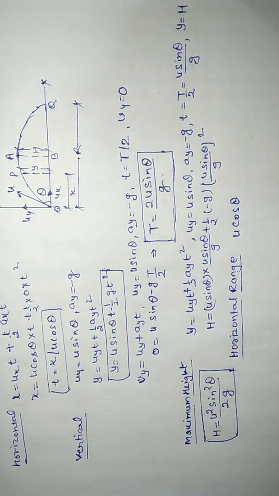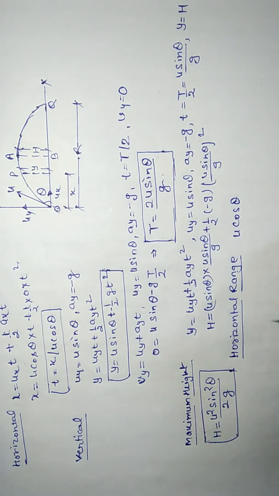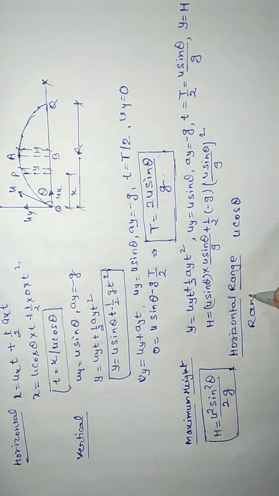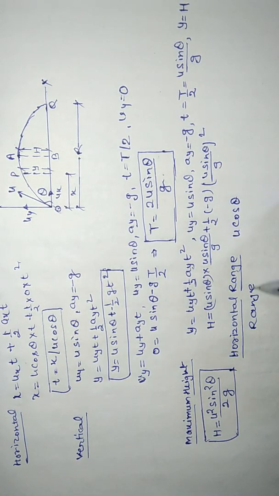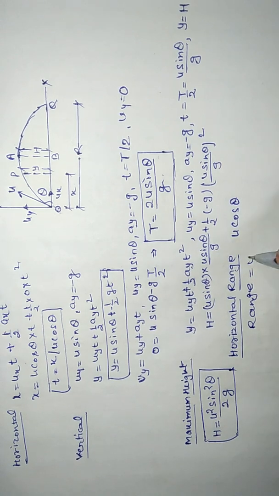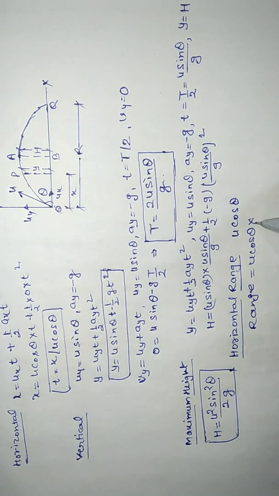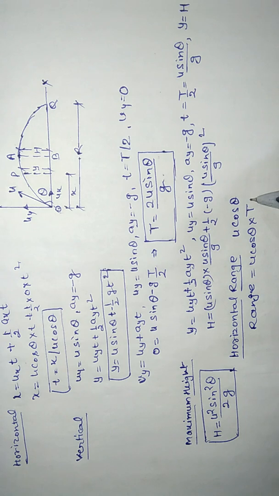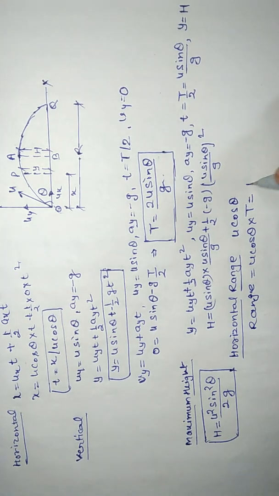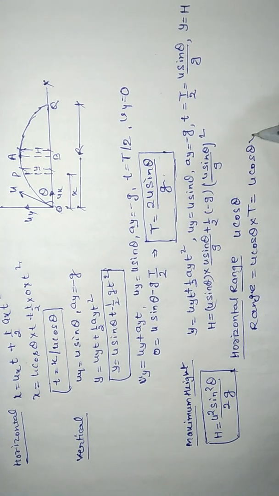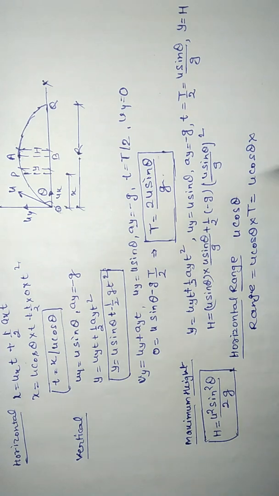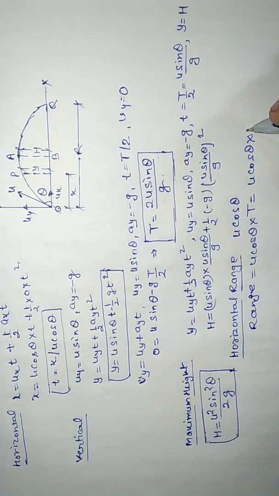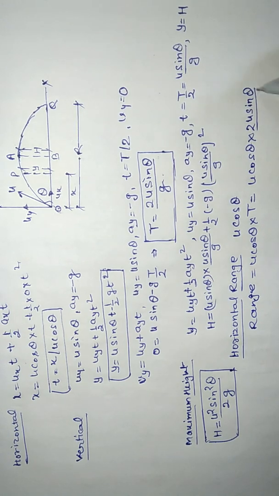So the range is equal to u cos theta into t, which is equal to u cos theta into the value of t, which is 2u sin theta upon g.